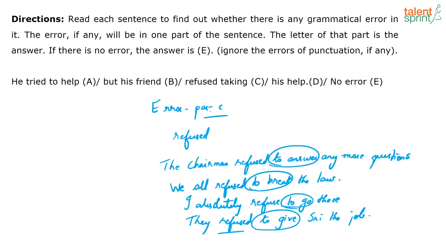He tried to help, but his friend refused to take his help. Not taking, but to take. Got it? So that's infinitives for you, where almost always there's a clue word wherein the construction that follows is the infinitive form.